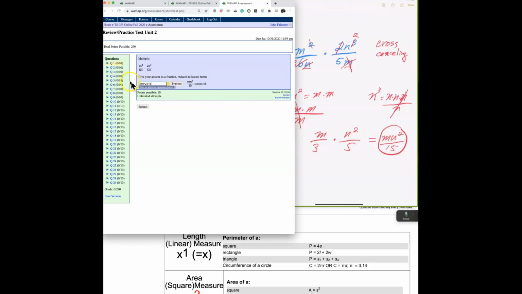And we had to type it this way. So when we talk about keyboarding and typing in class, we need the parentheses so that this whole term, mn squared, is seen as a single entity that needs to be in the numerator. If we remove the parentheses, I think we might get a syntax error, or it will be written differently.